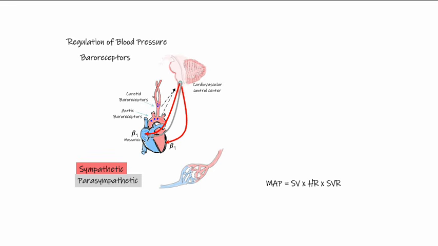Here we show the ventricular muscle also innervated by beta-1 receptors of the sympathetics. Sympathetics go to our arterioles as well as to our veins, also working on alpha receptors.